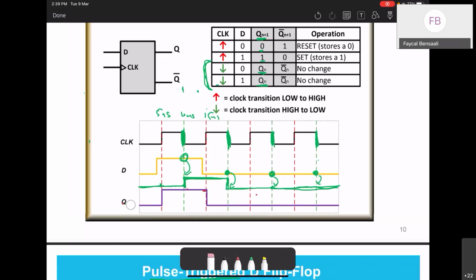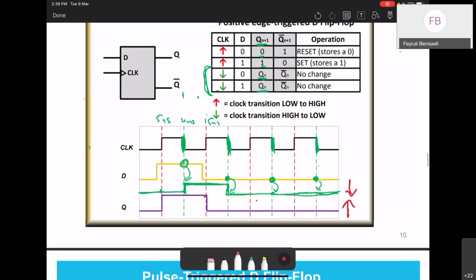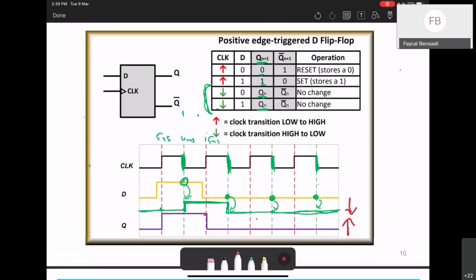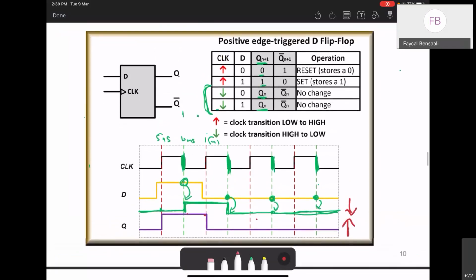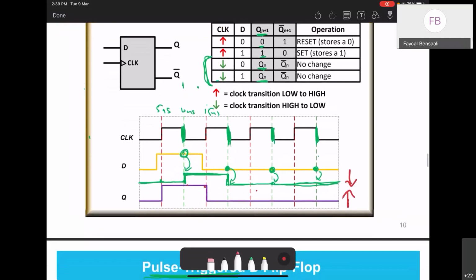This is the output Q if we work with negative edges, and this is the output Q if we work with positive edges. Is this clear? Yes, Doctor. Okay, that's good.